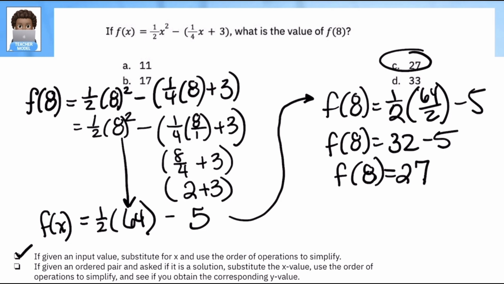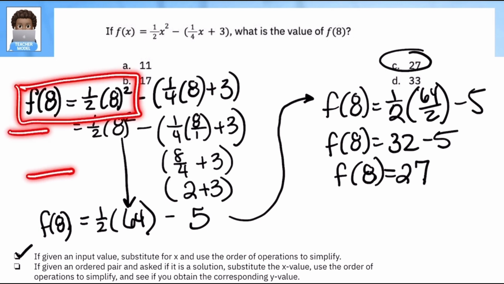Now, a few quick things I want to note in the work that I made a conscious decision of. Notice I decided to just write this arrow going down because I started with my parentheses and there was a lot of simplifying as I was going. And I didn't want to have to keep on rewriting this part 1, 2, 3, 4 times.